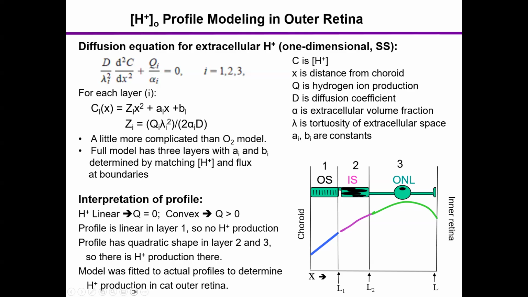And so what we did was fit the model to actual profiles of hydrogen ion. We've only really done this in the cat retina, and I'll show you some values later. So that's the model we have for the appearance of hydrogen ion production in the extracellular fluid in the outer retina, in the subretinal space, basically.